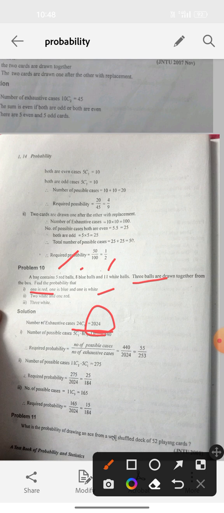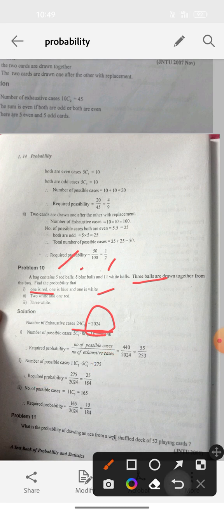Now number of possible cases is 2 white balls. So 11 white balls are there, from which we have to select 2 balls. So 11C2. And 1 red ball. From 5 red balls you need to select 1. So 5C1. So this is the possible cases. Number of possible cases by number of exhaustive cases, you will get the answer of the second bit.